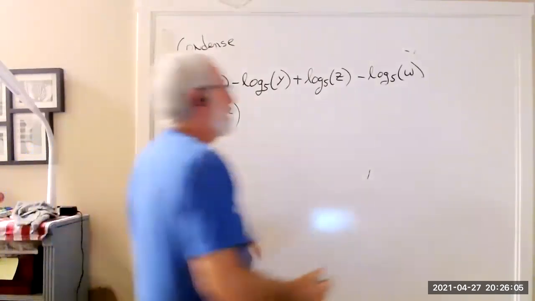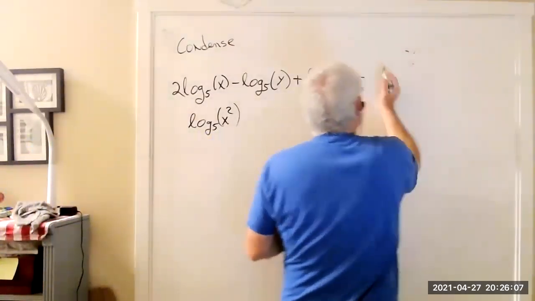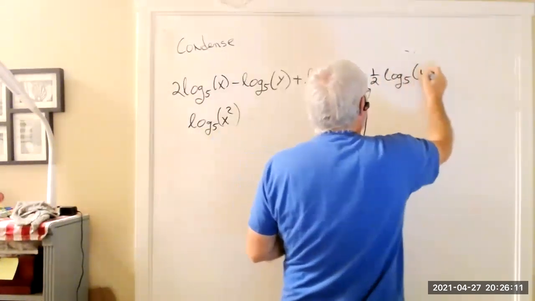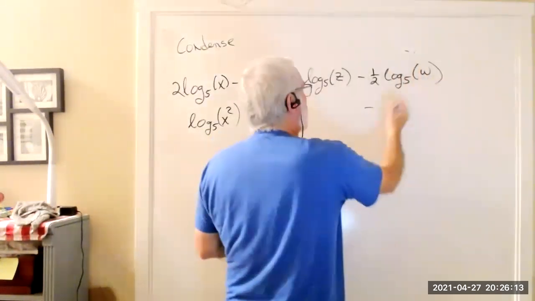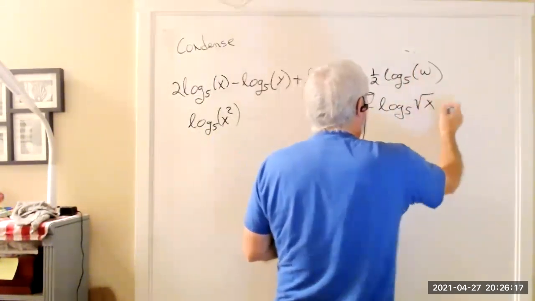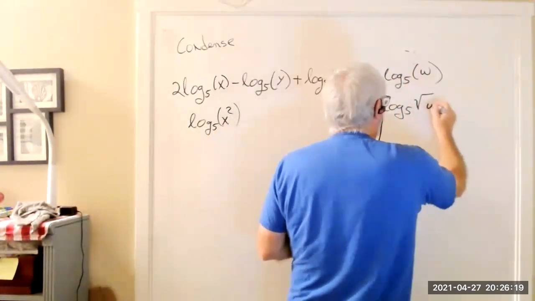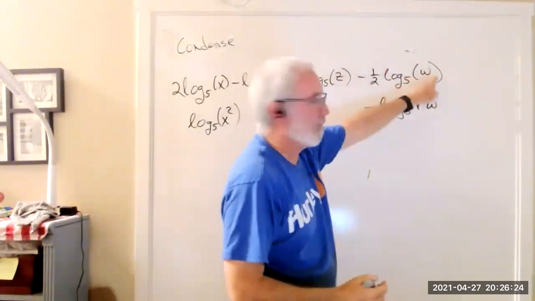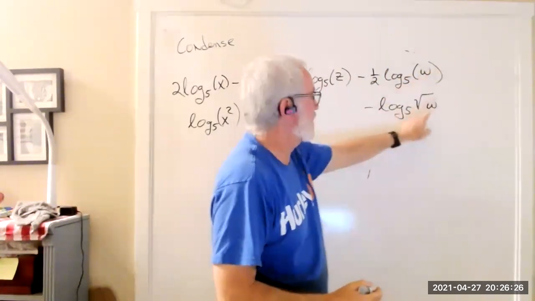If this had been a half log base 5 of w, you'd have to bring this in as the log base 5 of the square root of w, because the half power means the square root.